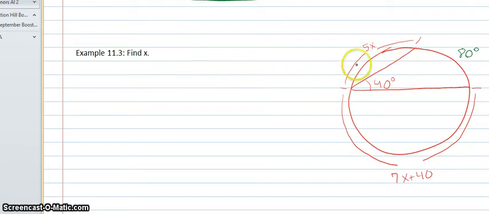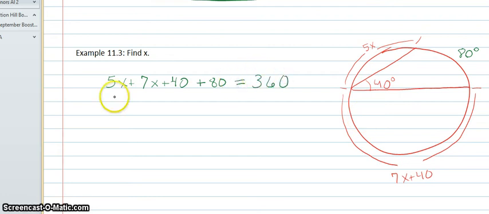You need to remember that there's 360 degrees in a circle, and what we're going to do is add our 5x plus our 7x plus 40 and also the 80. So we're adding all of these parts or sections together to equal 360.